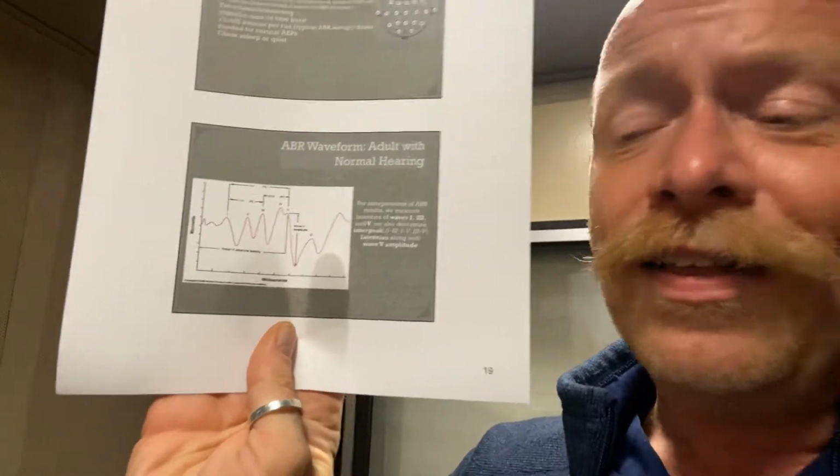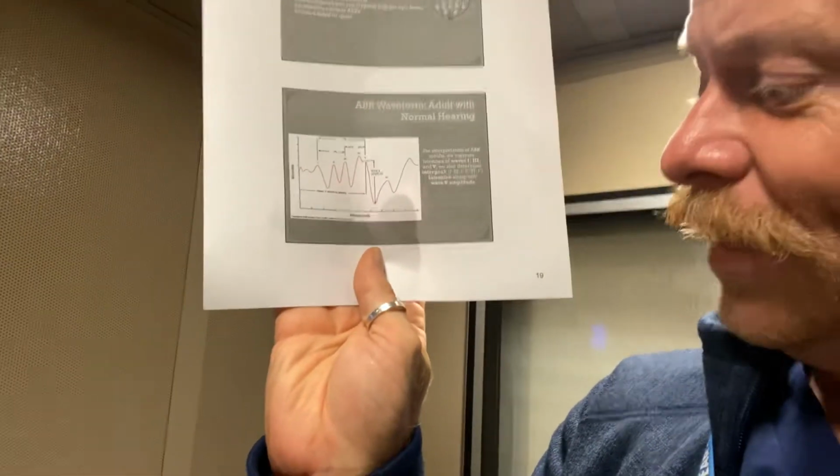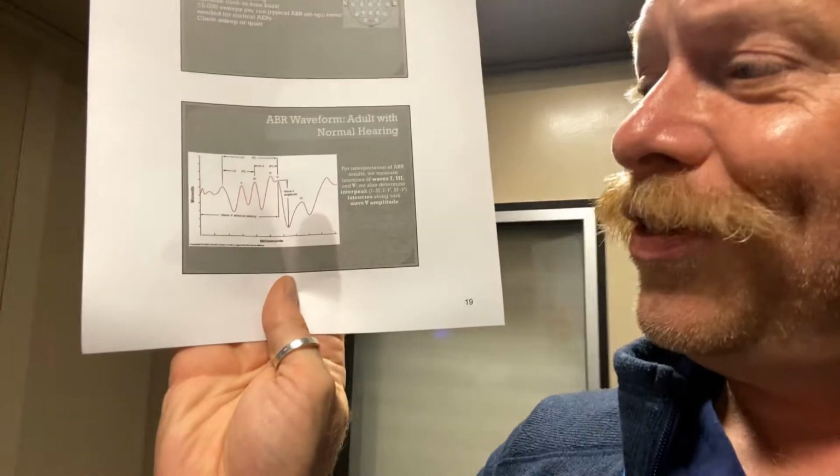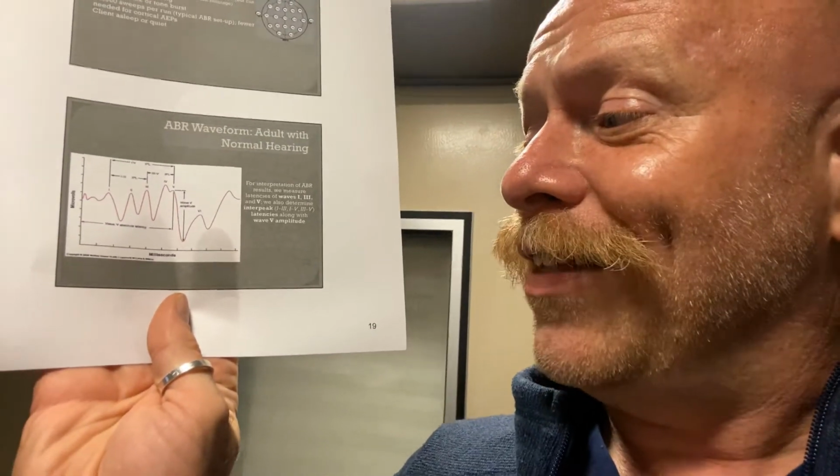We put clicks into the ears, and we are looking for an electrical waveform response that looks something like that on the bottom, okay? We want to see wave 1, wave 2, 3, 4, and 5 all happen with certain amplitudes and certain what are called latencies. They basically have that peak at a certain number of milliseconds from the time that the signal is presented till the time that we see the electrical response.